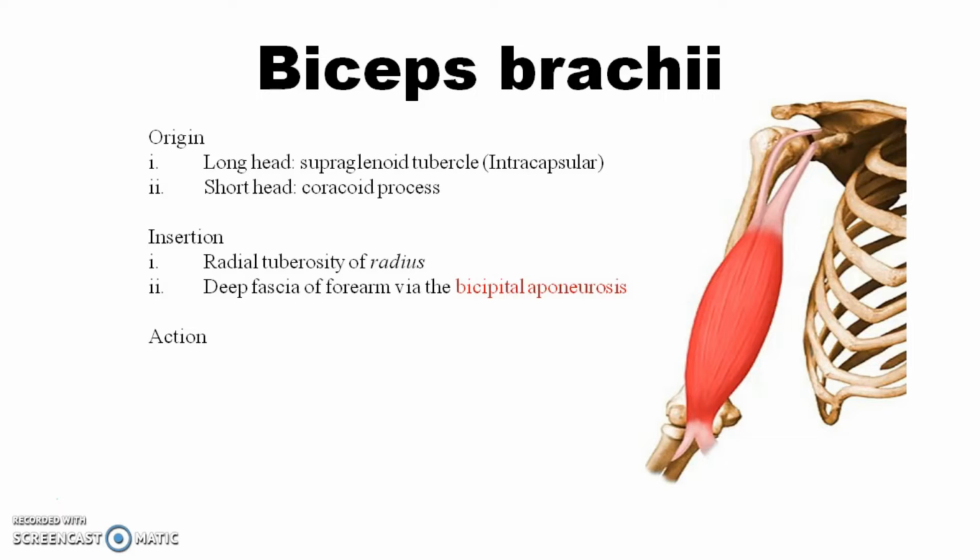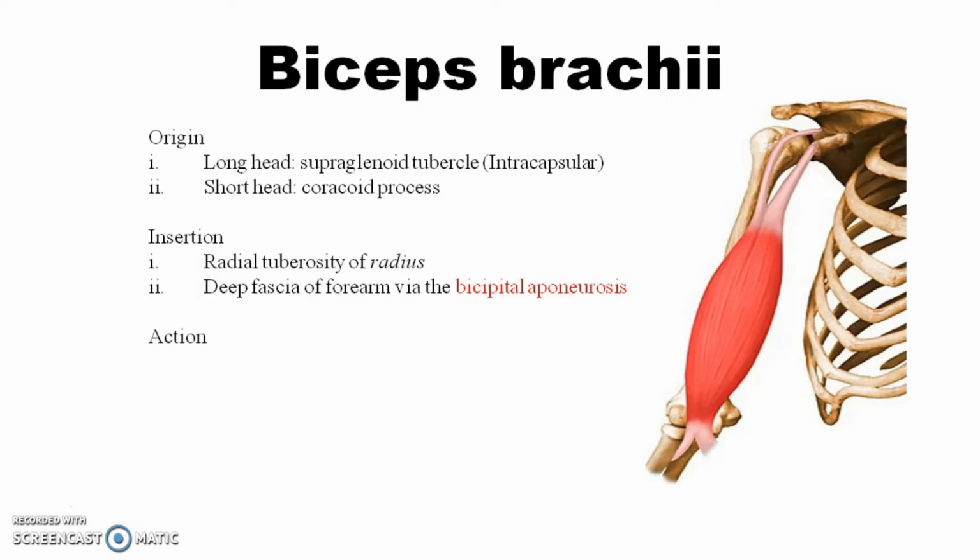Now talking about insertion, it is getting inserted into the radial tuberosity of the radius bone. In the forearm region, we have 2 bones present laterally and medially. The lateral bone we will call radius and the medial one we will call ulna. So in the lateral bone, that is radius, we will be having a tuberosity called radial tuberosity, which is giving insertion for this particular muscle.